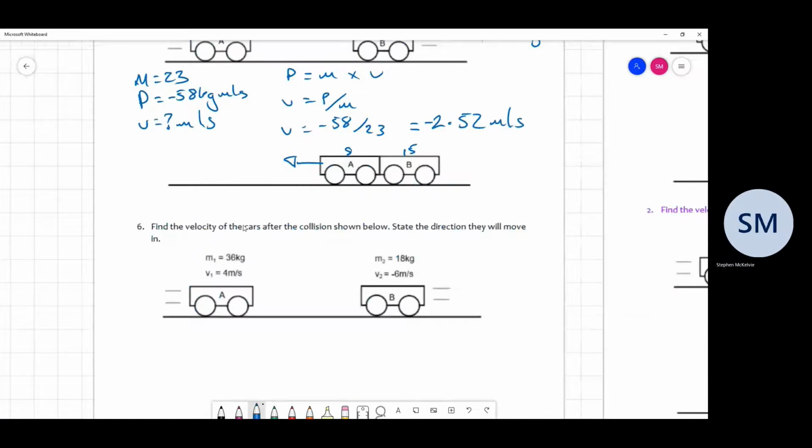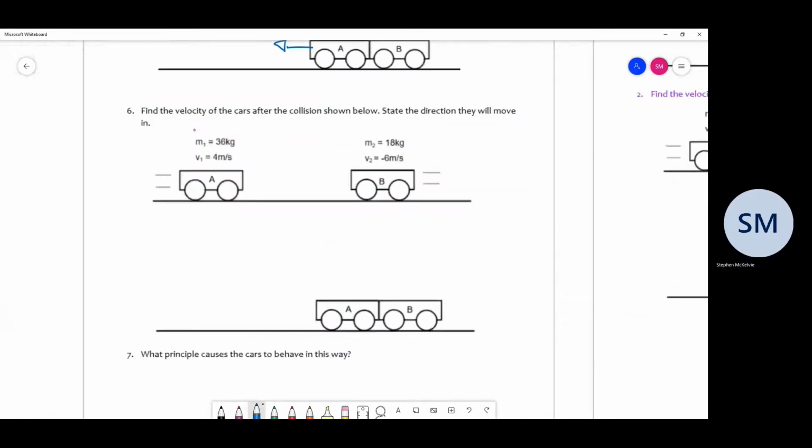144 plus 108 negative will equal 36 kilogram meters per second. Mass of A is 36, the mass of B is 18, giving me a total mass of 54 kilograms.